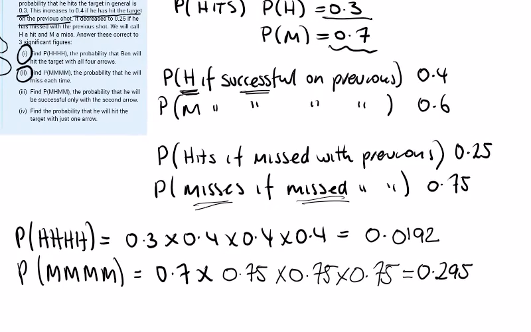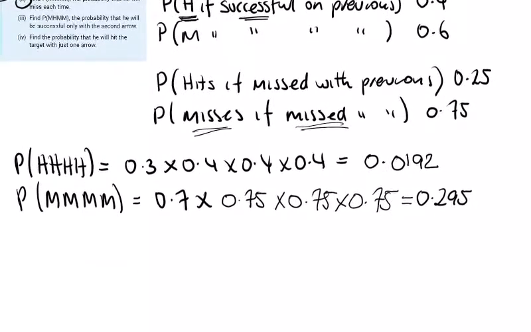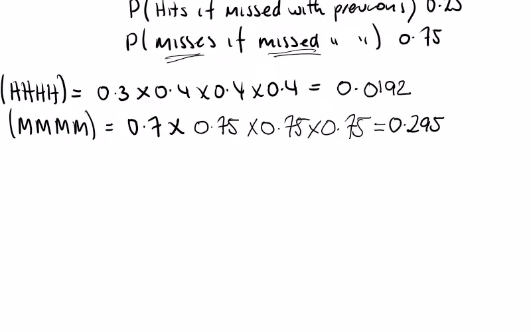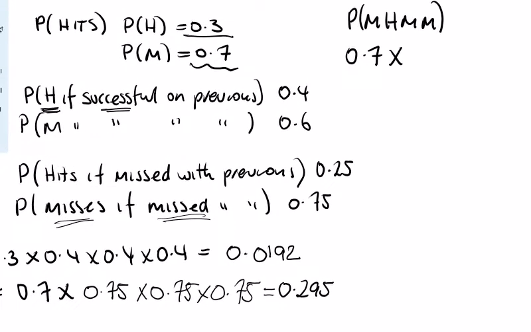The probability of miss, hit, miss, miss. Okay, you'll only be successful with the second, MHMM. So the first miss is 0.7. So he hits having missed previously. He hits having missed with previous, it's 0.25.